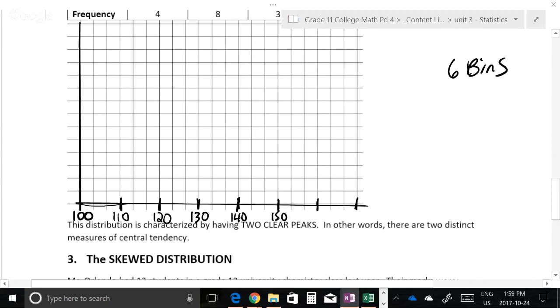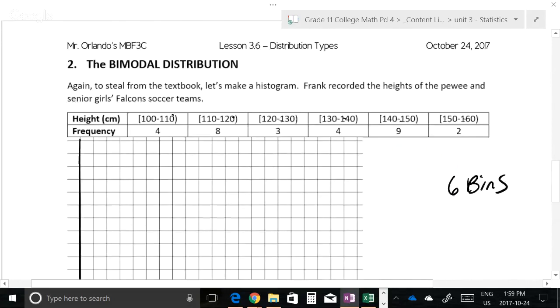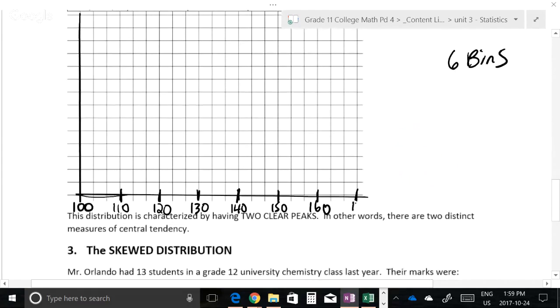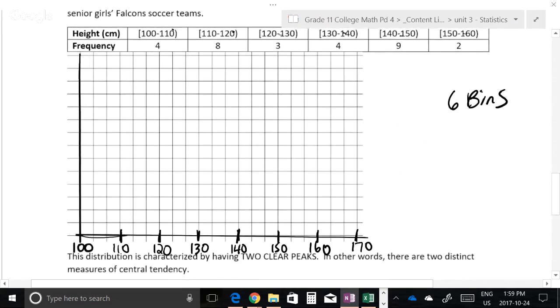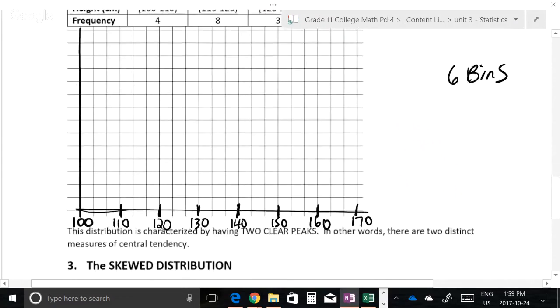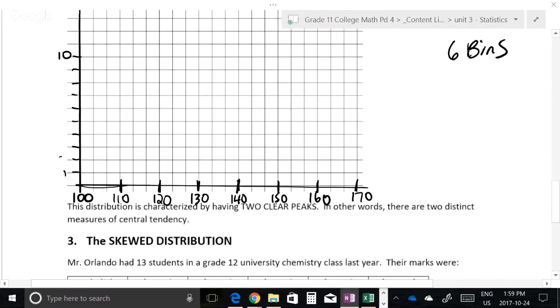Ladies, come on. You need to make a graph. No, I got to talk you through it. When we're done these, you can work in the hall.